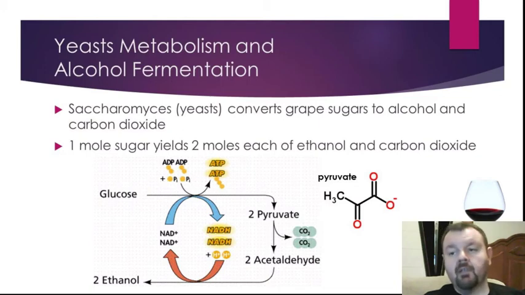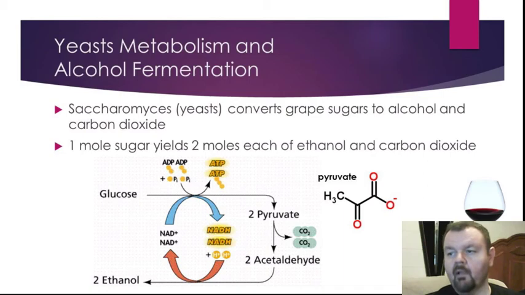Glucose basically makes 2 ATPs through a process that needs 2 ADPs and 2 phosphates to create 2 pyruvate. If you look to the side, I actually have the Lewis structure of pyruvate. And what happens when pyruvate becomes acetaldehyde is that it loses its carboxyl group off the end.